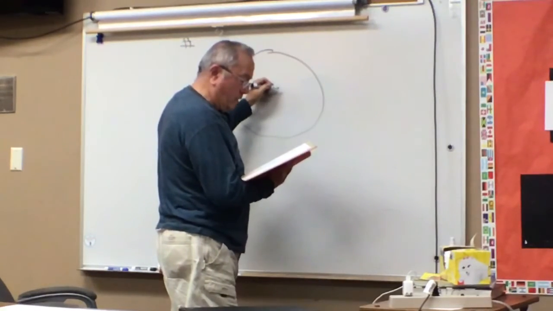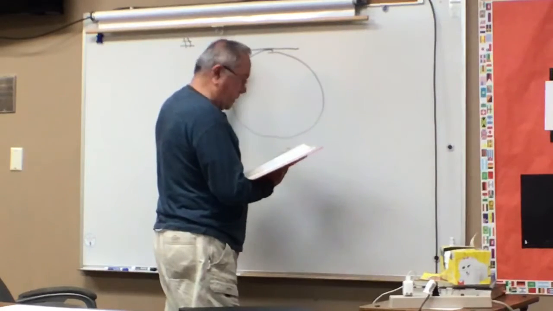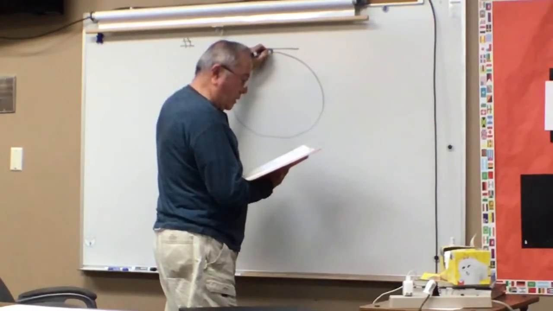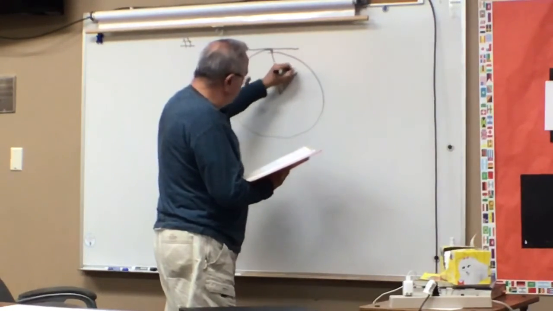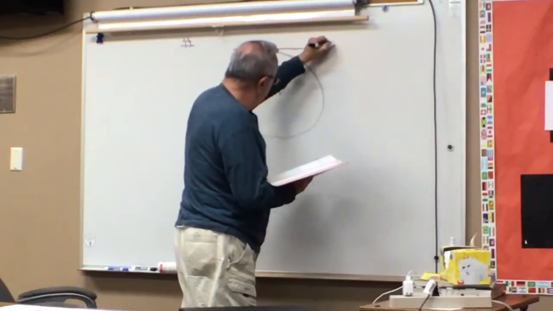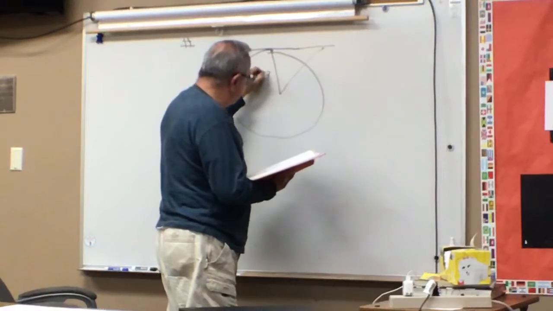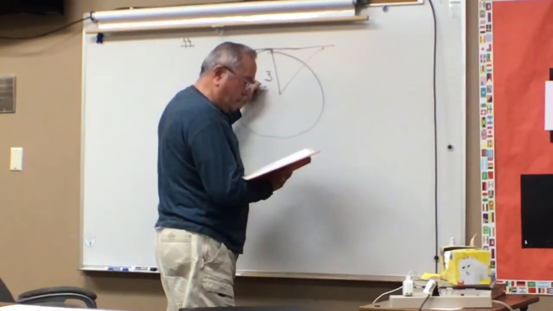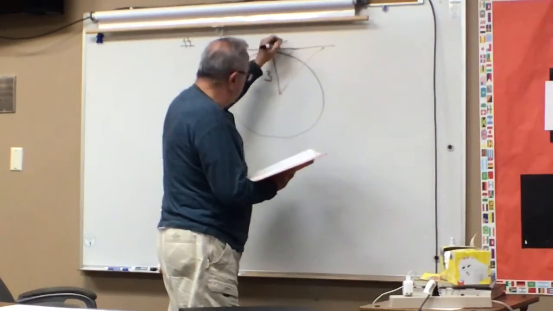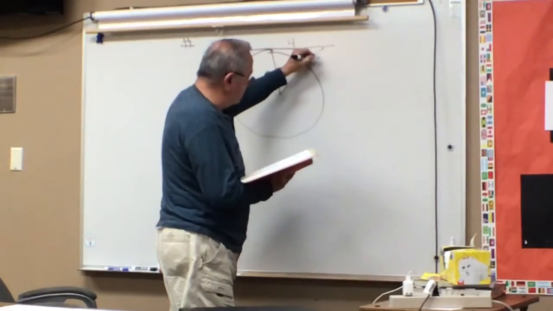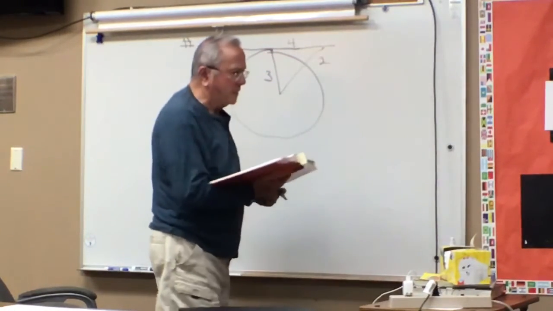So watch, I'm going to go like this, and we're going to go like this, and like this. Okay? So I'm just drawing the picture. This is 3, right? This is 4, and this is 2.